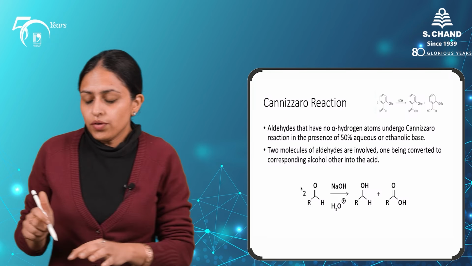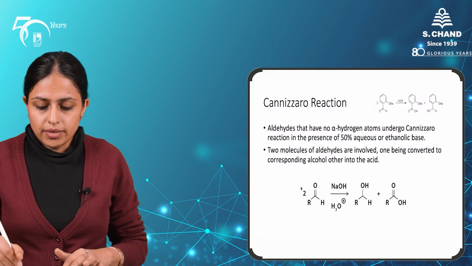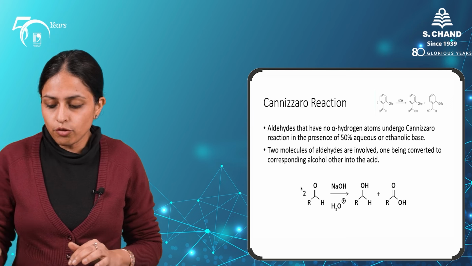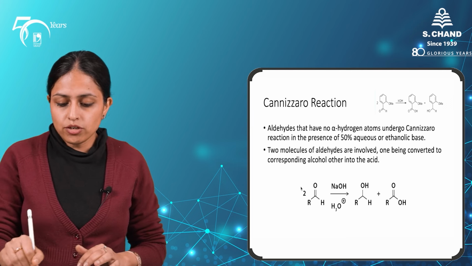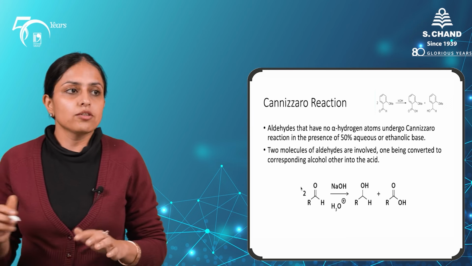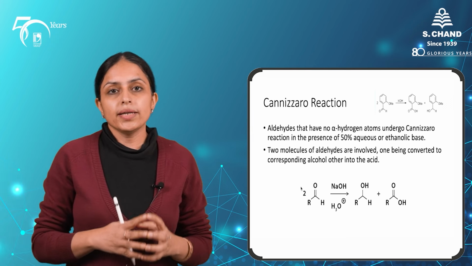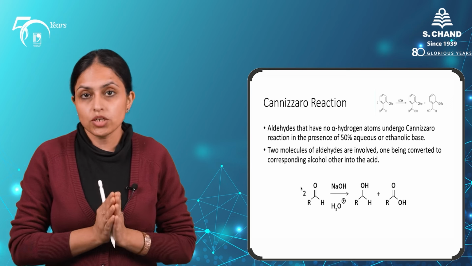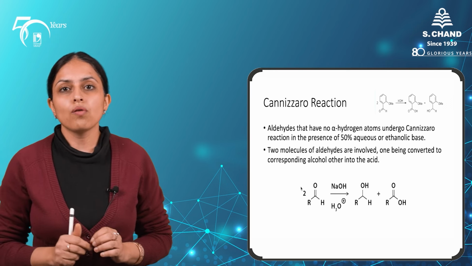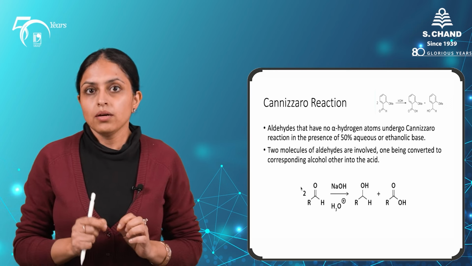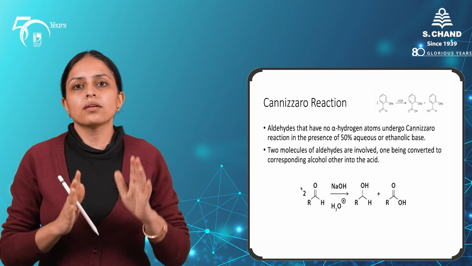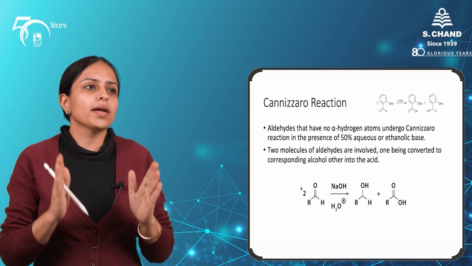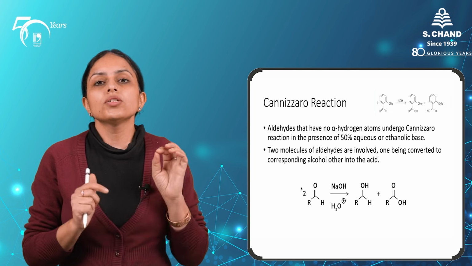Another important set of reactions given by aldehydes and ketones is the Cannizzaro reaction. Cannizzaro reaction is a reaction which takes place when two aldehydes which have no alpha hydrogen atoms undergo condensation in the presence of a concentrated base. I am mentioning this very clearly: the basic difference between aldol and Cannizzaro reaction is the concentration of the base.